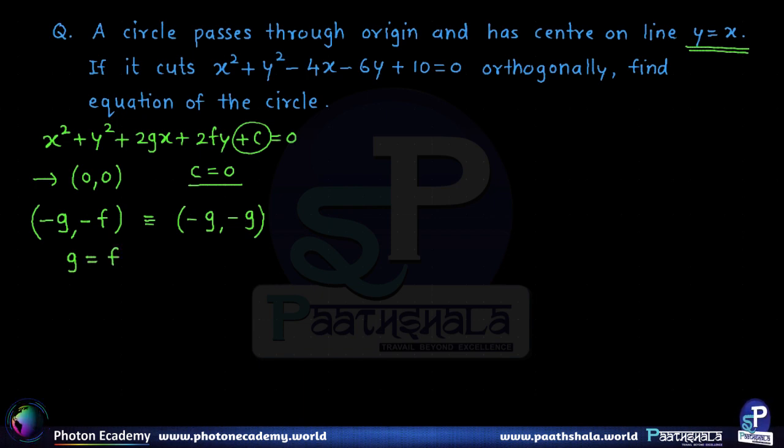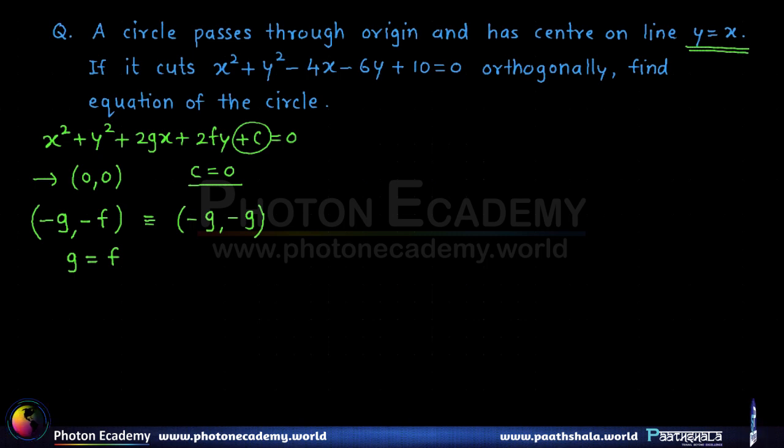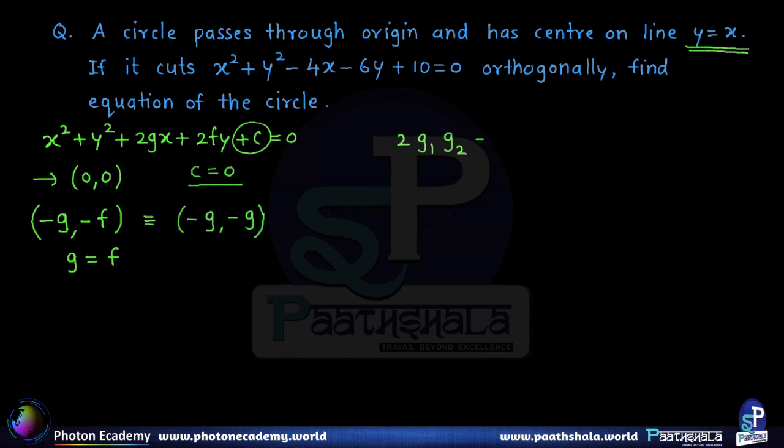Now since the required circle cuts the second circle orthogonally, if you remember, we have the condition of orthogonally cutting circles as 2g1 g2 plus 2f1 f2 is equal to c1 plus c2.